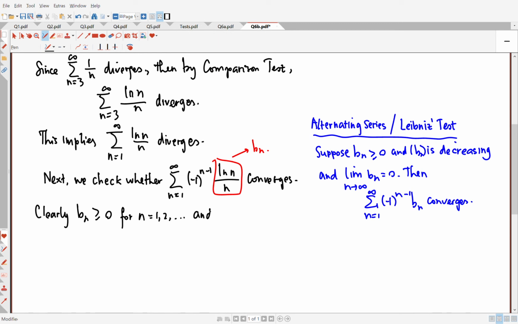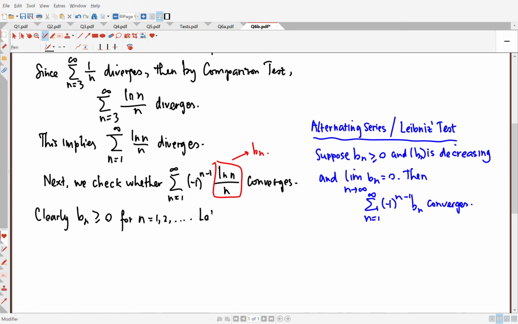And this Bn is decreasing. Okay. Why is this decreasing? Because let f of x be ln x over x.